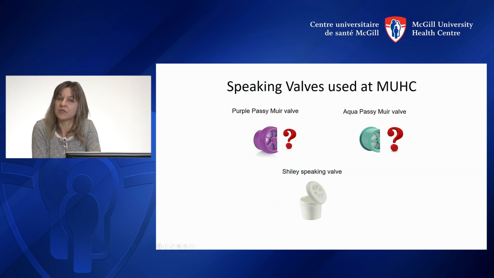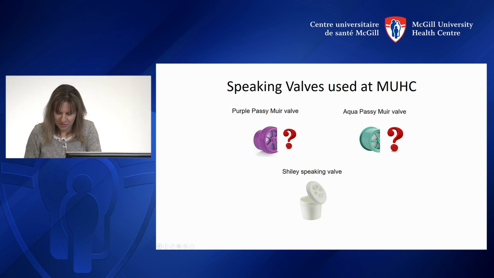So if we speak about speaking valves, which speaking valves are used at the NUHC? You will see the question marks next to the Passy-Muir valves. You may still see them. However, we can no longer order them Canada-wide, for various reasons.